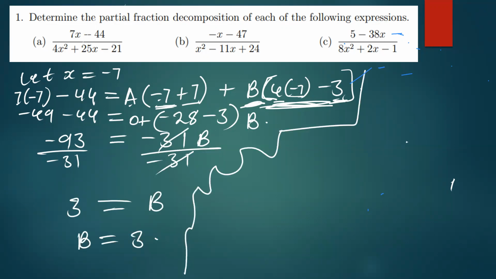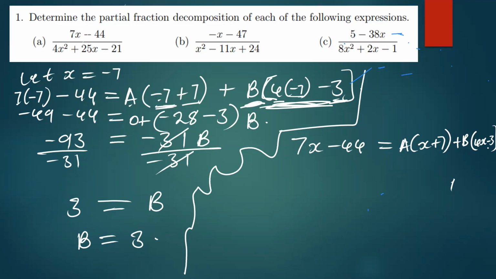So how do you find the value of A? We also use that same expression that we have, which was 7x minus 44 is equal to A, open brackets, x plus 7, then we have plus B, open brackets, 4x minus 3. So how do we find the value of A?